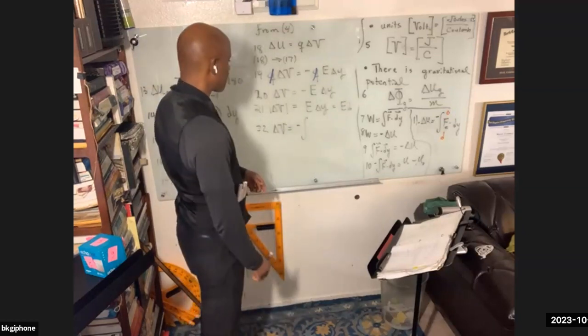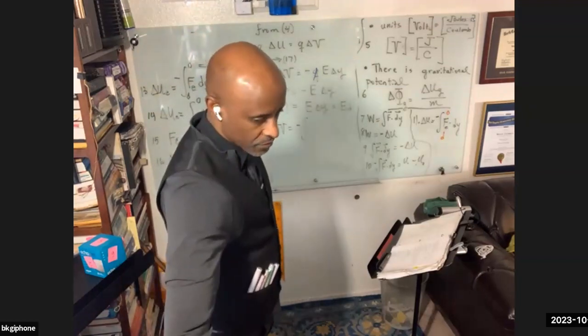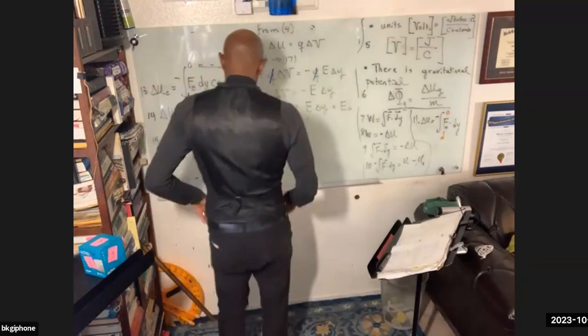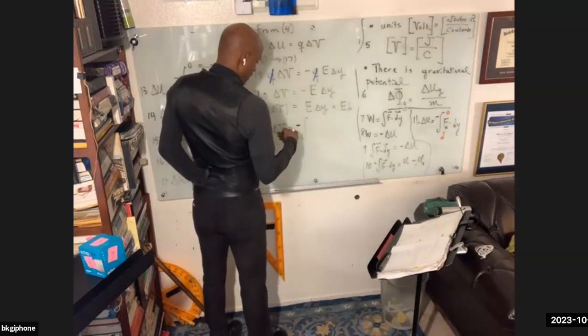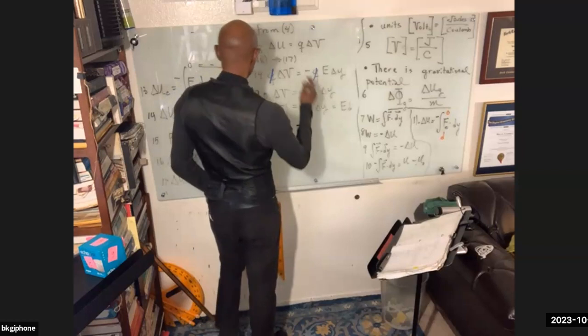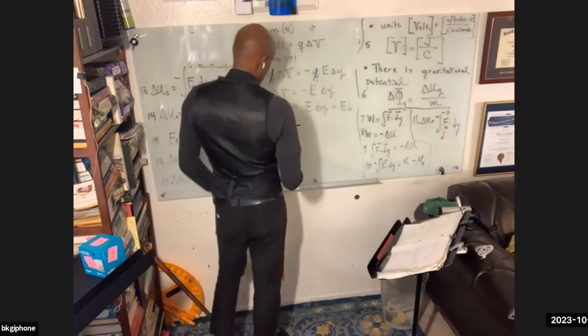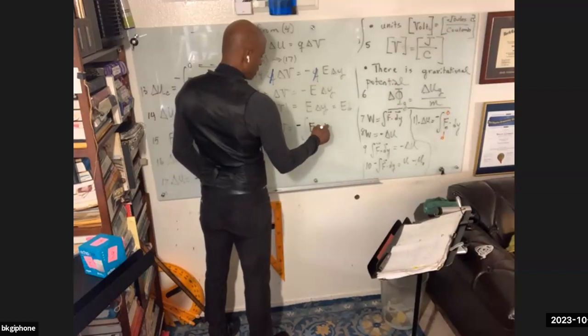That is to say, I could have plugged that definition in at the beginning and solved directly for the potential. But delta V is equal to minus E dy.